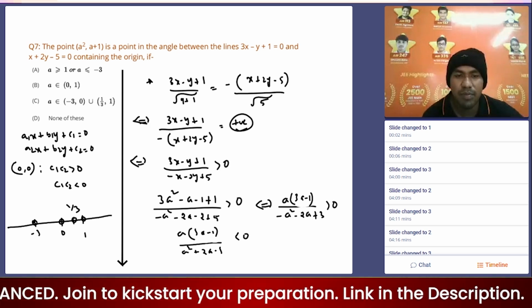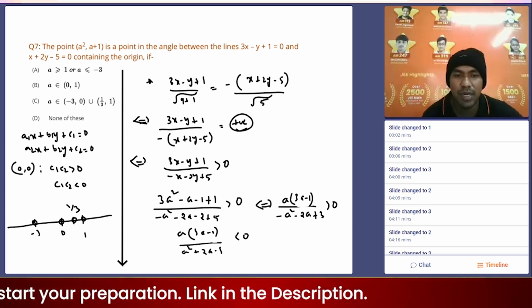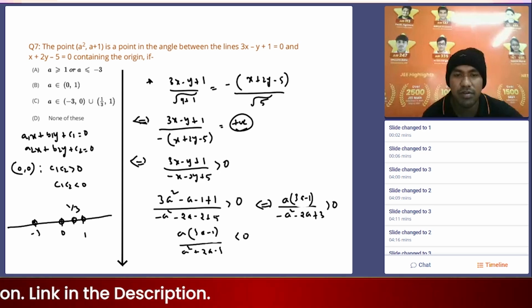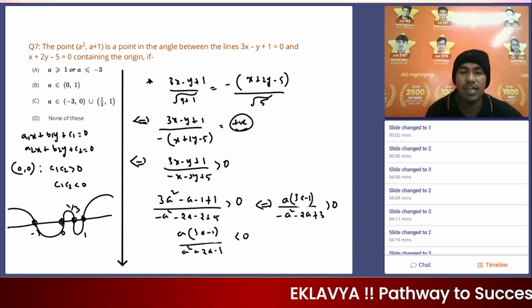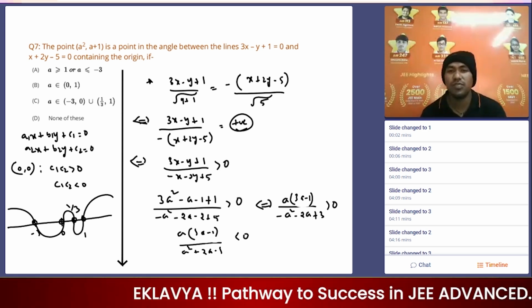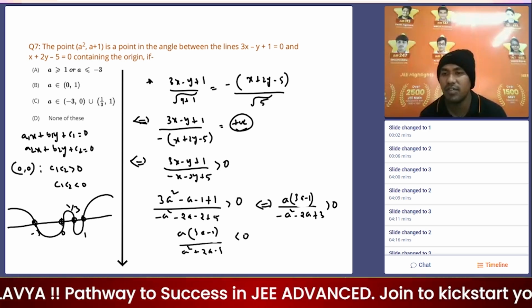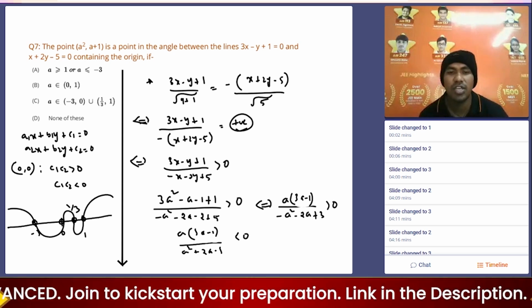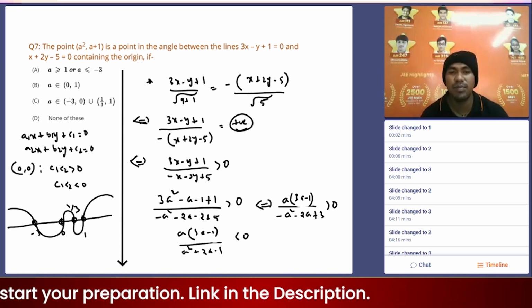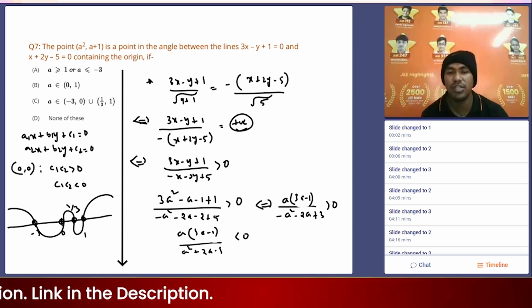Then the graph will be positive before minus 3, negative between minus 3 and 0, positive from 0 to 1 by 3, negative from 1 by 3 to 1, and after 1 you will get positive. We need the part less than 0, so you will get the negative part from minus 3 to 0 and 1 by 3 to 1.